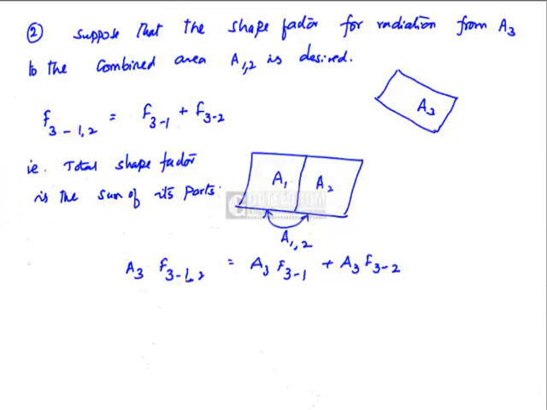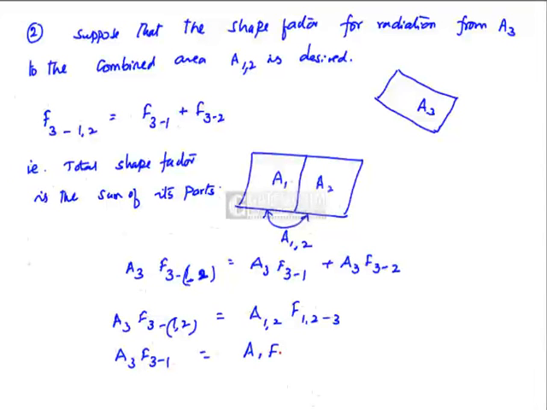And from the reciprocity relation, A3 F3(12) is equal to A12 F(12)3, A3 F31 is equal to A1 F13, and A3 F32 is equal to A2 F23.